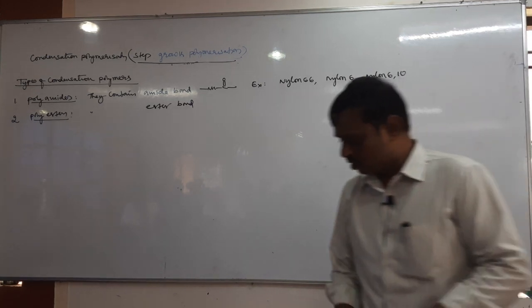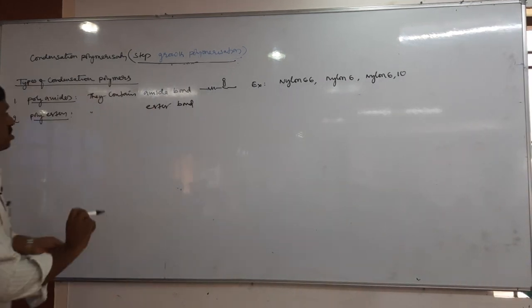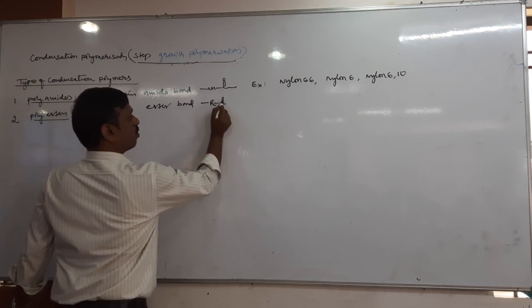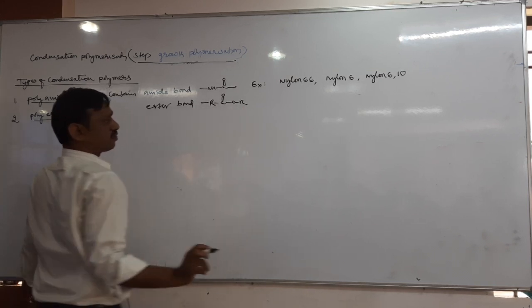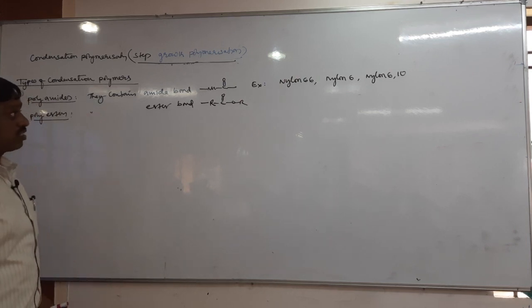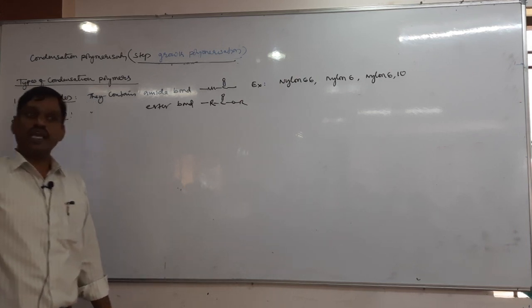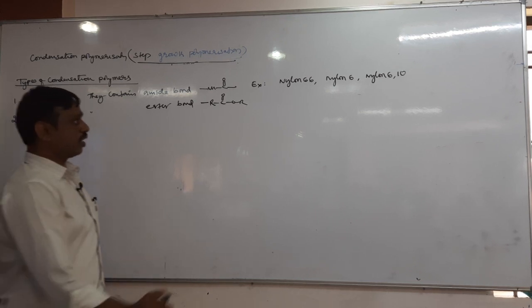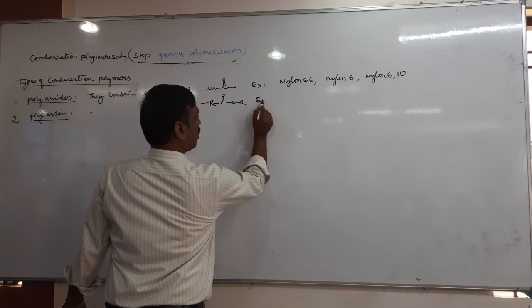Which is the ester bond here? R, C double bond O. So therefore, ester bond is formed between carboxylic acid and alcohol.